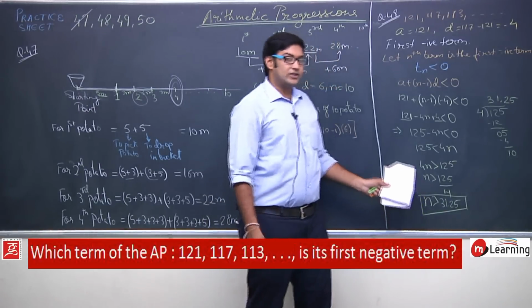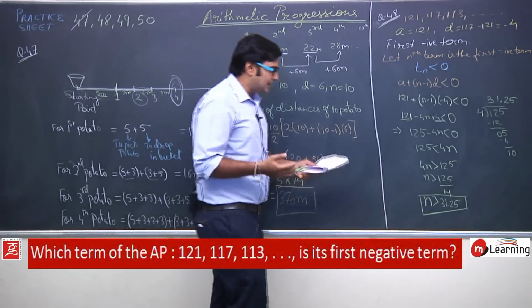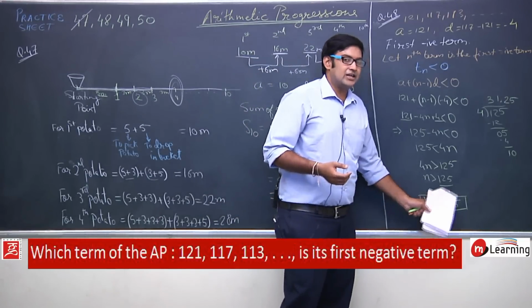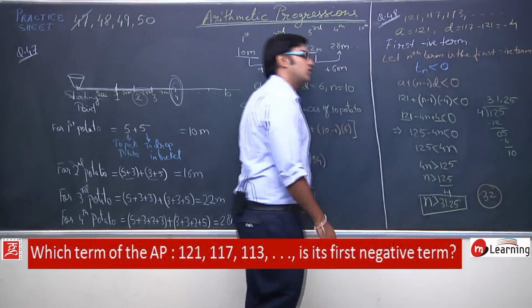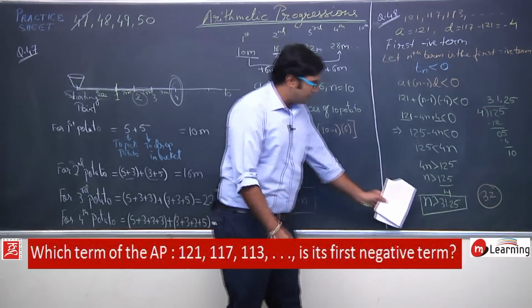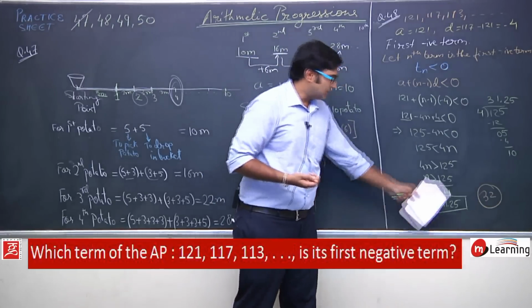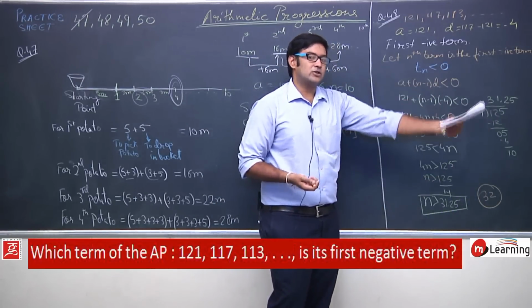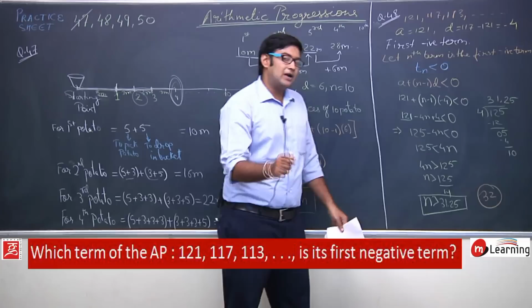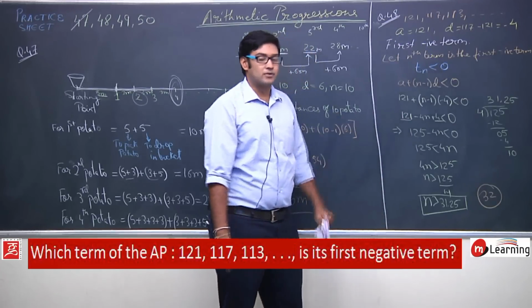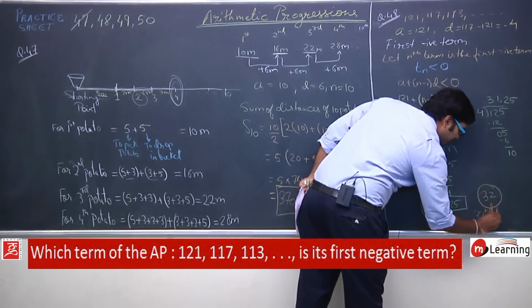Now since we know that n can only be a natural number, definitely the number which is just greater than 31.25 is 32. 33 is also greater, 34 is also greater, 35 is also greater, till infinity all are greater than 31.25. But I need to determine the first negative term. So I will say the first negative term will be the 32nd term.